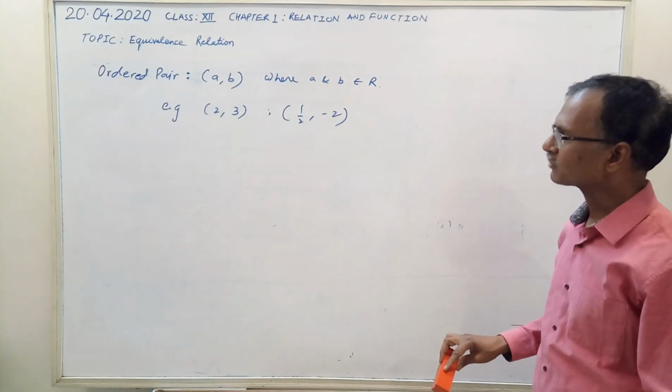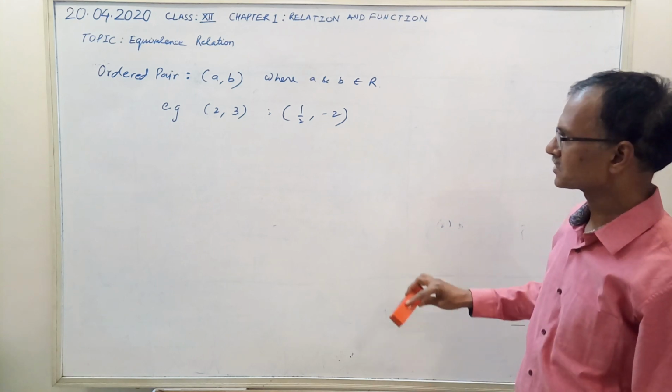So ordered pair means pair of two numbers written within parentheses.